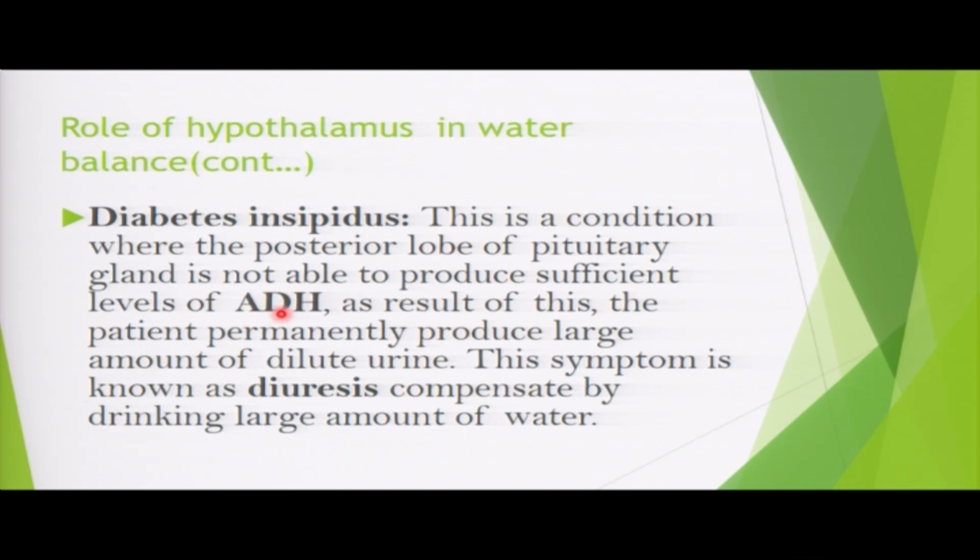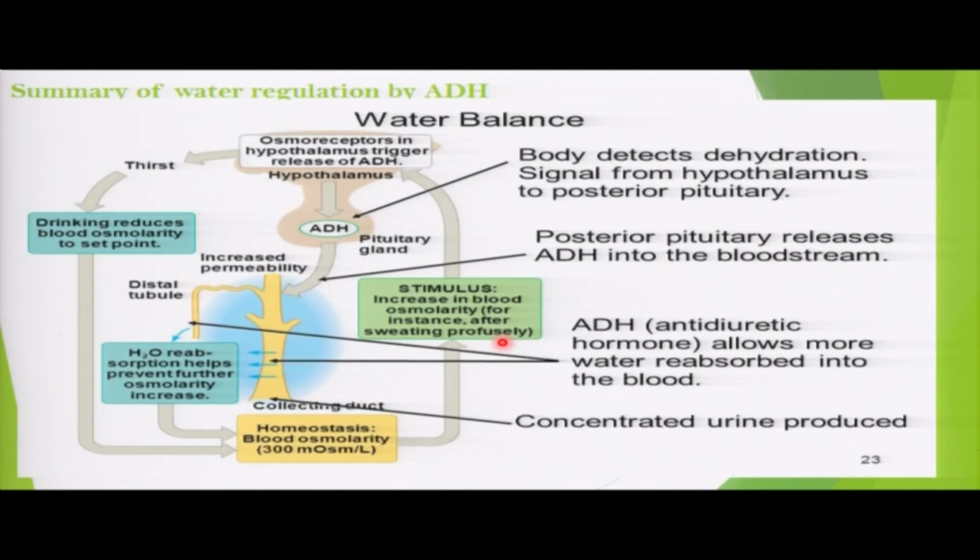If ADH is not produced, there is a large amount of diluted urine, because there is no reabsorption of water into the blood. So this is a kind of disease, which is called diabetes insipidus. This is the diagram we have already described here.